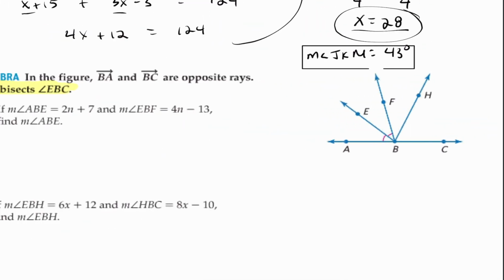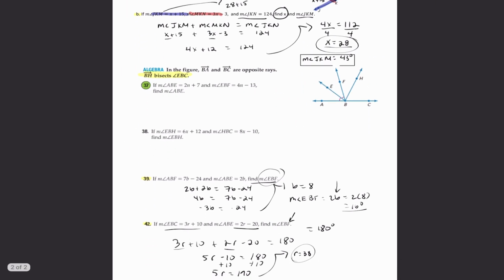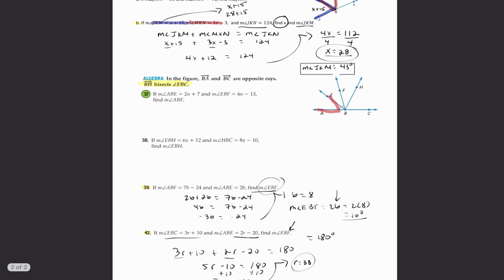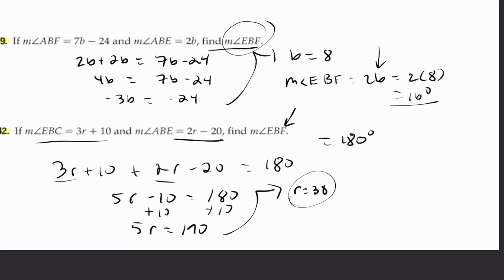So if I know that measure angle ABE is 2r minus 20, then this here is also 2r minus 20. Okay, that means I can go ahead and plug that in.